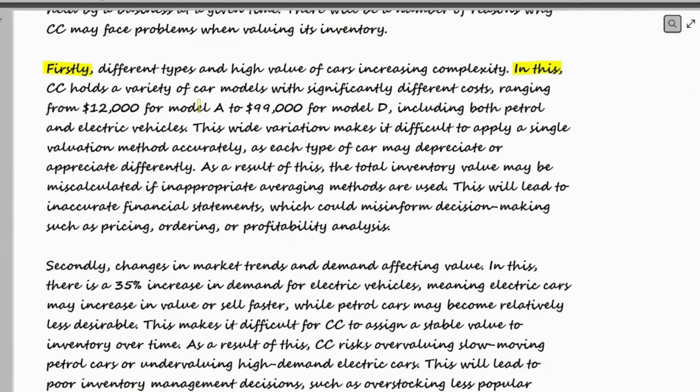This wide variation makes it difficult to apply a single valuation method accurately, as each type of car may depreciate or appreciate differently. As a result of this, the total inventory value may be miscalculated if appropriate averaging methods are not used. This would lead to inaccurate financial statements, which could misinform decision making such as pricing, ordering, or profitability analysis.